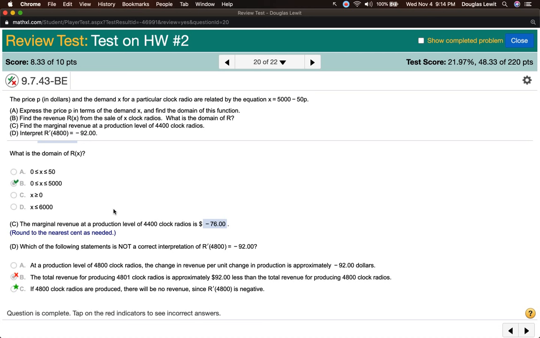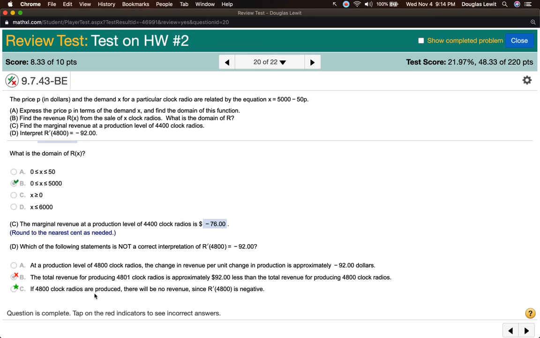Oh, interesting. Oh, so you know what happened? I think for part D, I made a mistake and I just clicked on the total revenue for producing 4,801. Okay, so this is actually the correct answer, which is what I meant to select in the first place.